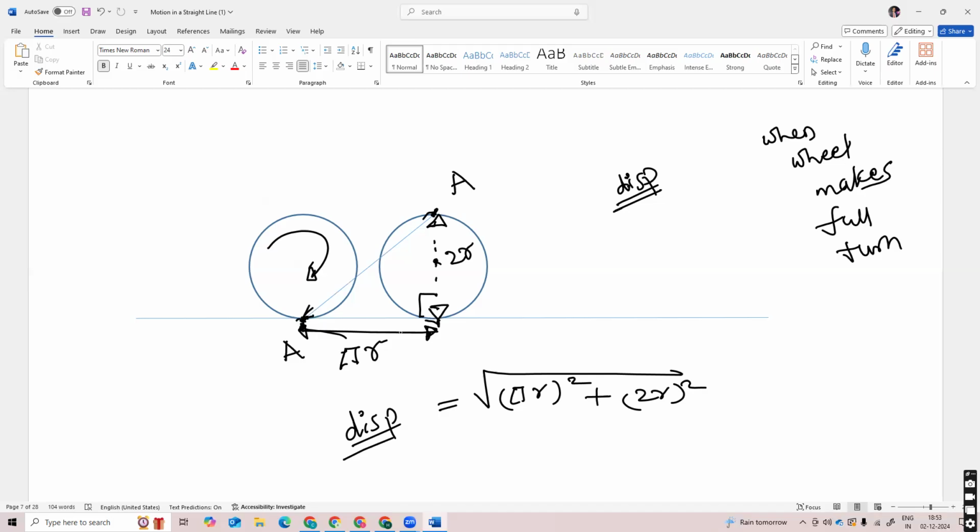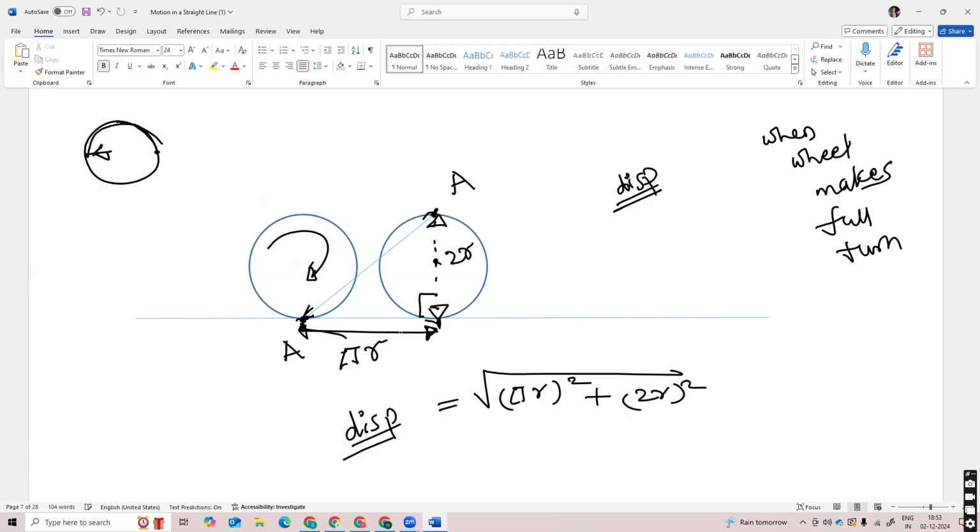There are two things you should remember, since this is a wheel moving. Since this wheel has made a half turn, point A has moved from this bottommost point to the topmost point, diametrically opposite, because it is a half turn. If you have any circle and you cover half a circle, you will reach the diametrically opposite point.